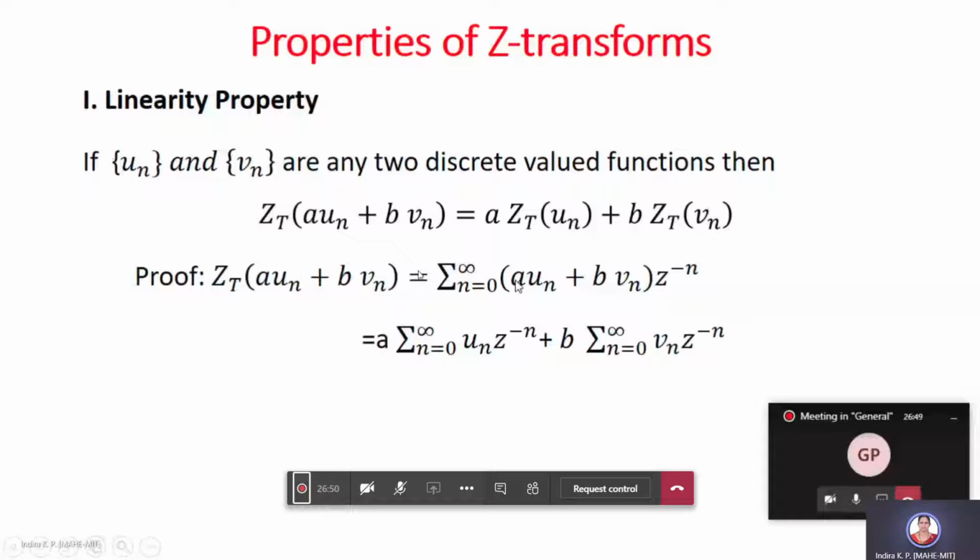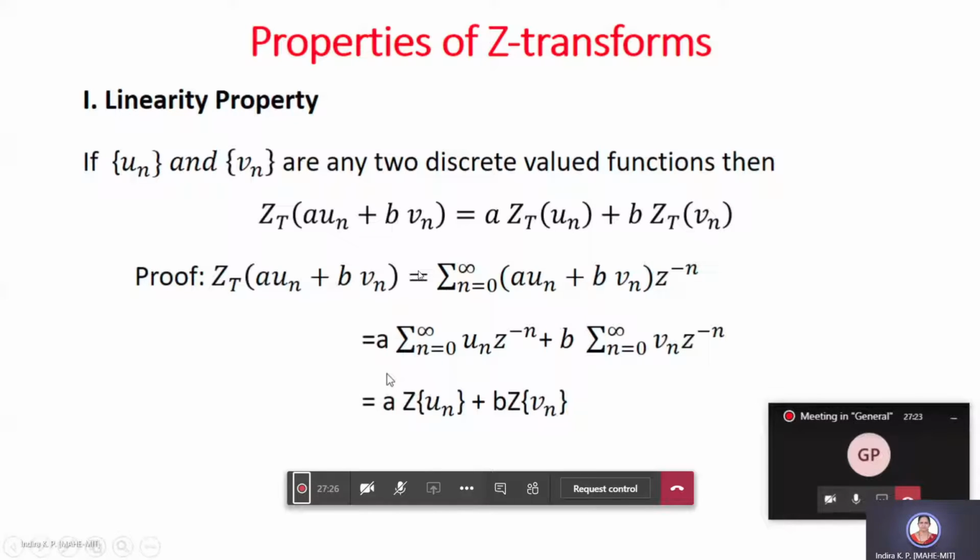What we are doing is multiplying term by term, then taking out the constant a, taking out the constant b, so that is what you get. I hope you are done with.